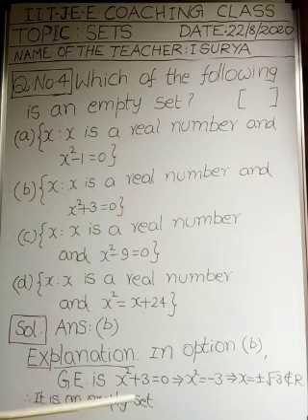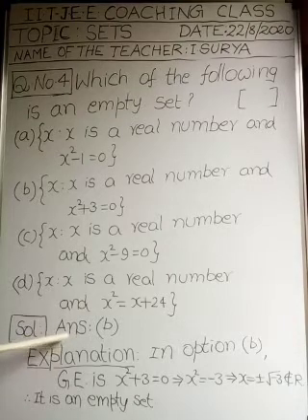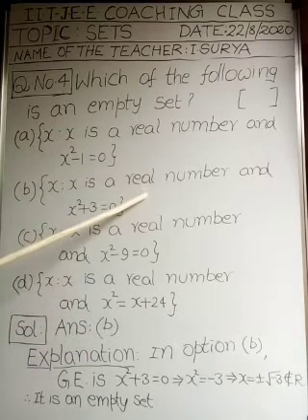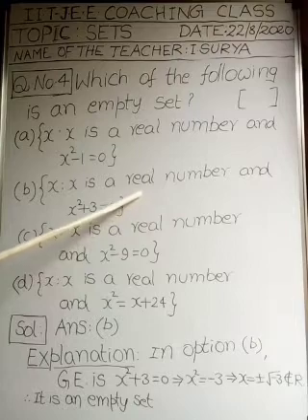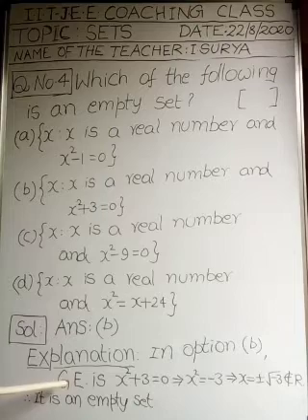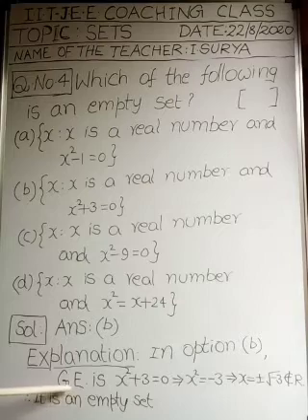Okay, my children. Now come to the solution part. Here, out of all these 4 options, the second option is the correct option. That is this one. This set is an empty set. Let us see the explanation part. In option B, if you take this equation, G.E. stands for given equation.